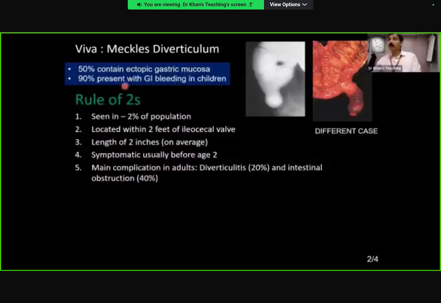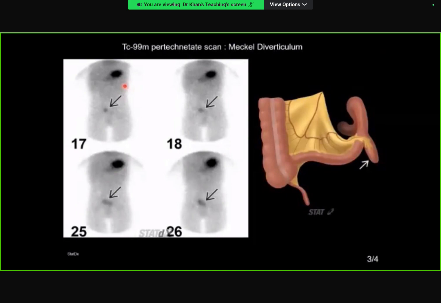Okay, number 2, what is the investigation of choice here? So you can do a Meckel scan, which is excellent. Of course, I don't know much about nuclear medicine, and this will be covered later on by one of our colleagues in your nuclear scan session, but they ask it. It has come in the exam many a time, and you should know this.